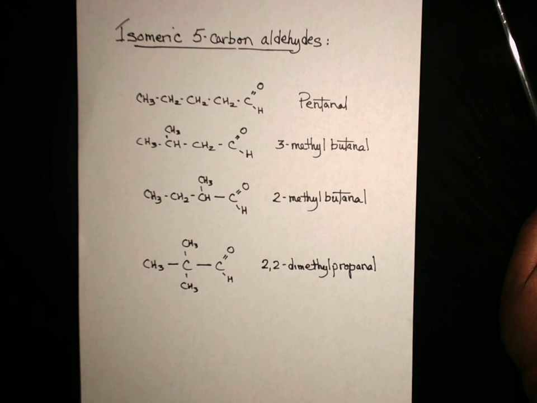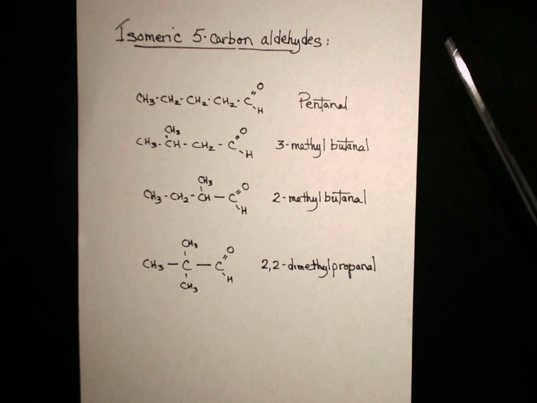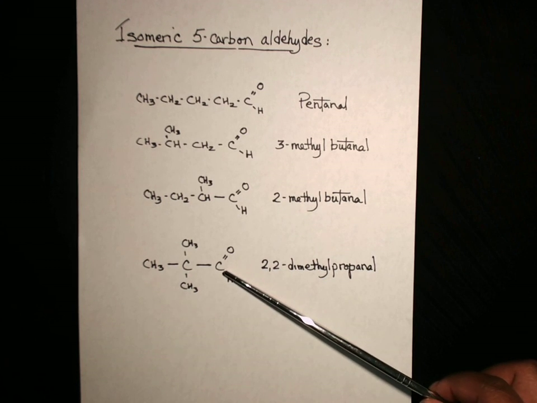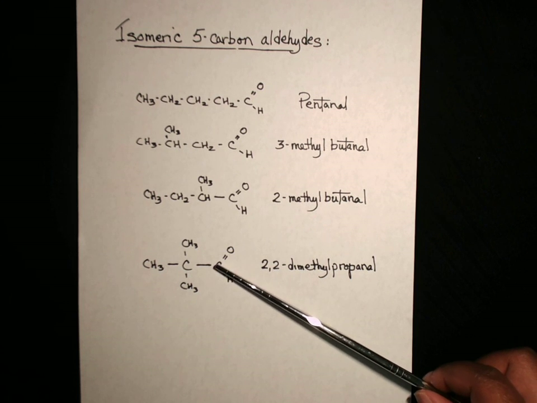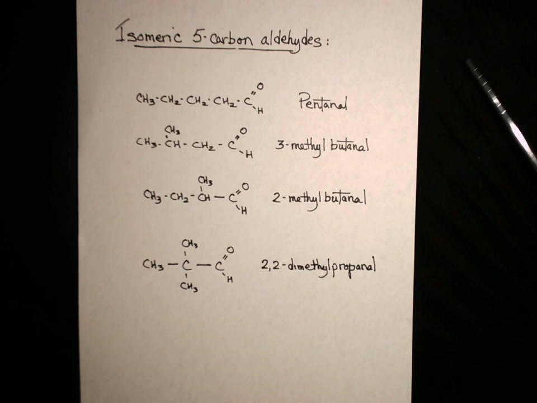All right, last one. You notice now I have an aldehyde in which 3 carbons are in the longest continuous chain, and the 4th and 5th carbon are represented as branches coming off the middle carbon, or carbon 2.